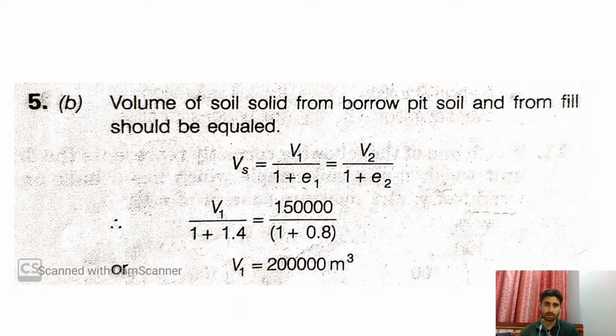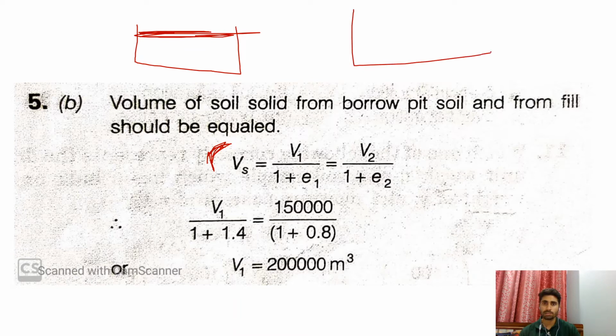Always keep in mind that whenever we are compacting any soil taken from another location, whatever compaction we make, we can change the total volume, but the volume of soil solid will remain constant.